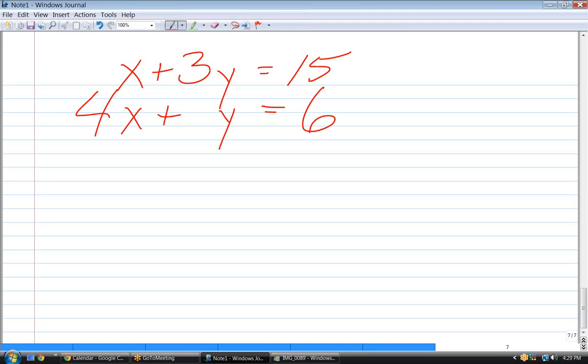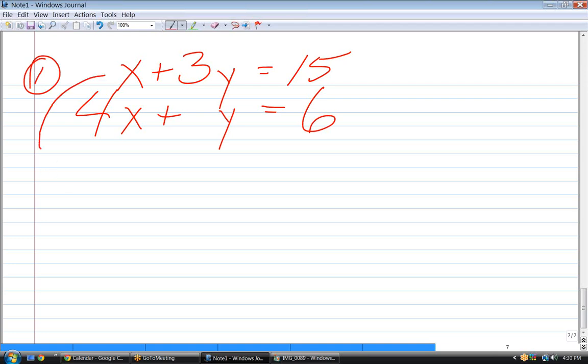The top one? Okay, I can actually manipulate either one, but if I'm going to manipulate the top one, what do I want to do with it? I want to multiply both sides of equation 1 by -4. Why? Because what will happen?